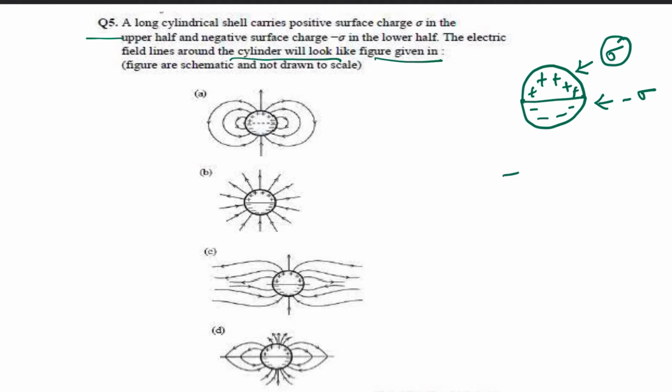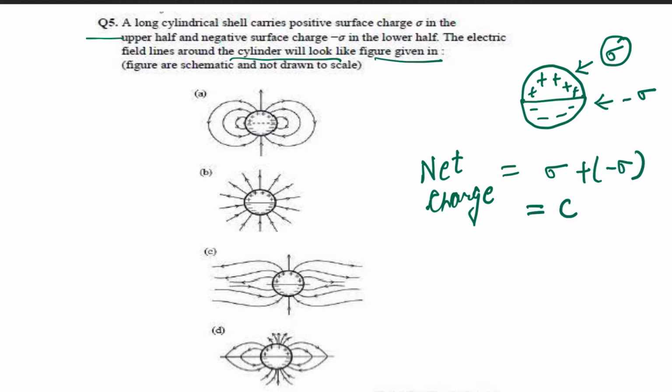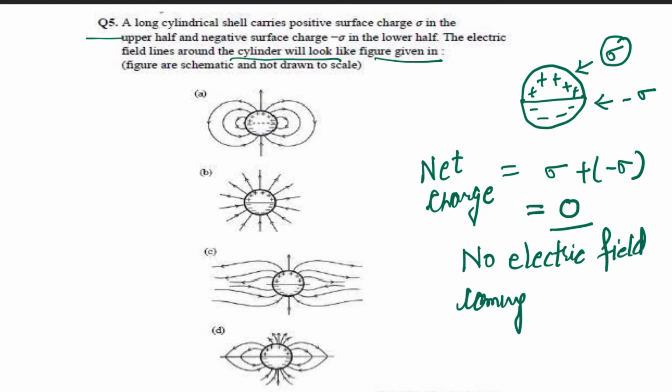If you calculate the net charge on this long cylindrical shell, it will be sigma plus minus sigma, which gives 0. It means net charge is 0. If there is no net charge, there should be no electric field line coming out from the shell.